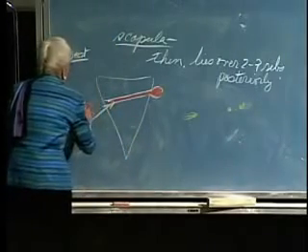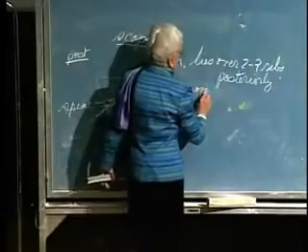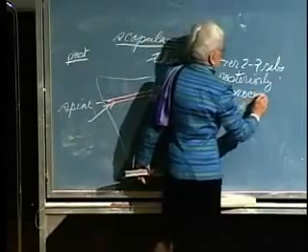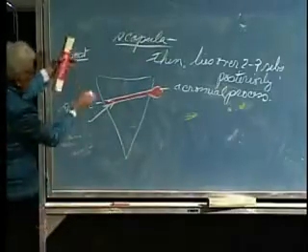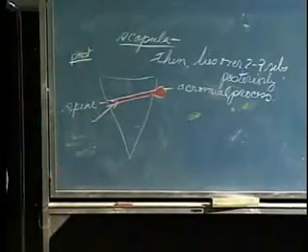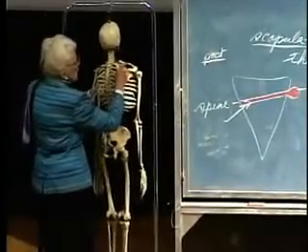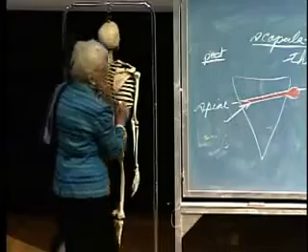Spine and acromial process. And so it will divide the posterior scapula into two major segments, supraspinous fossa and infraspinous fossa.